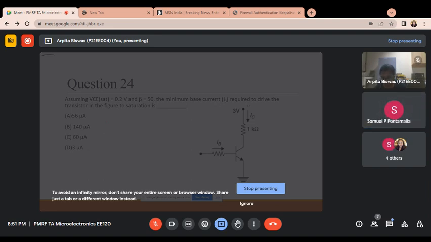So 3 minus 0.2 divided by 1 kilo ohm gives 2.8 milliampere. IC sat is 2.8 milliampere. And then IB minimum will be IC sat by beta, so 2.8 milliampere divided by 50. So the value will come as 56 microampere or 0.056 milliampere.